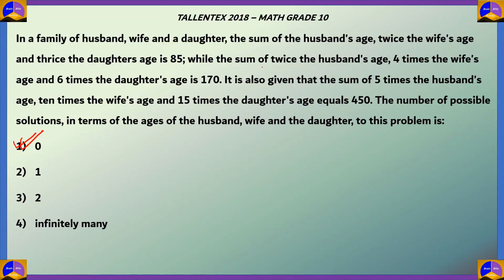The reason being that the two equations that are formed are in the format a1 by a2 equals b1 by b2 equals c1 by c2, not equal to d1 by d2. So that means we would have no solutions, so option 1, 0 is the correct answer.